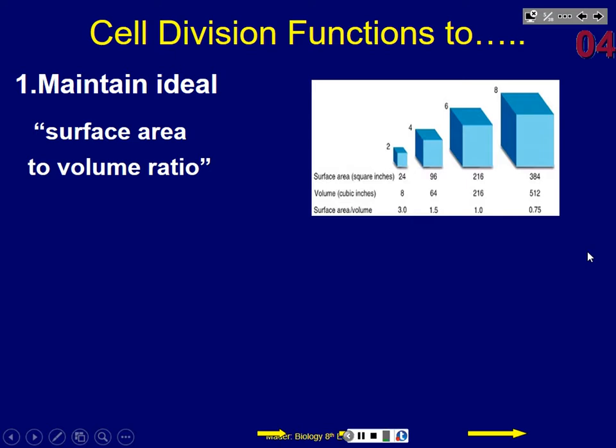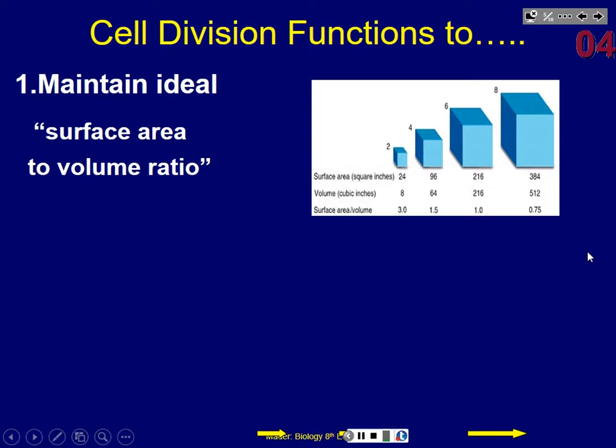And we said that cell has to do one of two things. It either has to divide to produce two smaller cells, or it would eventually die because the plasma membrane could not maintain the contents of the cell. Remember, cells have to have a large surface area to volume ratio, and as cells grow larger, that surface area to volume ratio gets small.